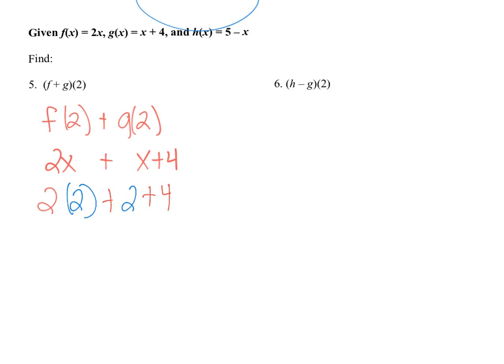Now, with composition, what's really important is not really as much as combining like terms, but PEMDAS, okay? What comes first in PEMDAS and that we see here? Good. So in another way, parentheses means what? Good. So here, what is 2 times 2?